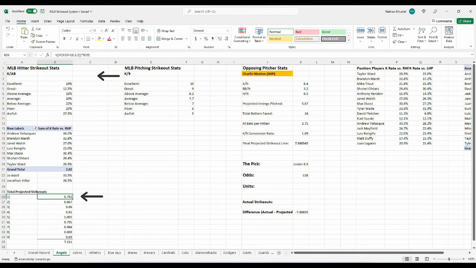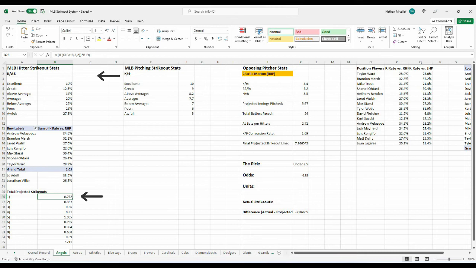Once the number of at-bats for that given hitter is determined, you're going to multiply that by their strikeout rate versus that given pitcher. So for this specific example, Charlie Morton is a right-handed pitcher. And for the first batter, it's B19. In cell B19, it'll show that Shohei Ohtani has a 26.4% strikeout rate versus right-handed pitchers.